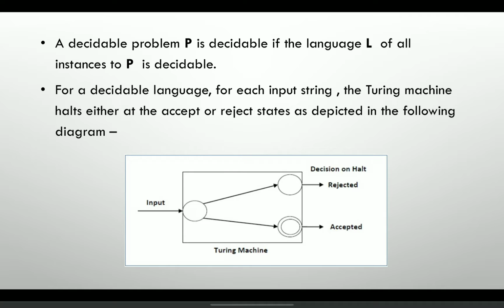In this diagram, we have an input and we have a Turing machine where there is an initial state where we will be giving the input, and it may go to two of the states. The first one, it may be a rejected state or it may be an accepted state. In either of these states, the Turing machine will halt.